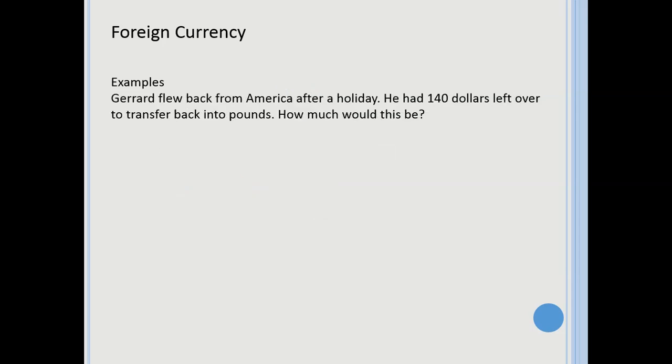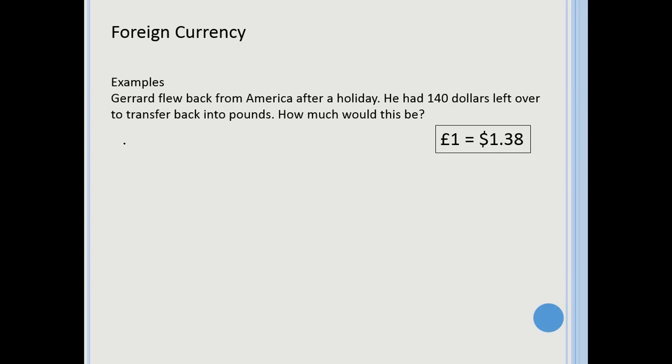Okay, let's look at one where we are converting back into pounds. Gerard flew back from America after a holiday. He had $140 left over to transfer back into pounds. How much would this be? And again, I'm given my exchange rate. So I'm going back the way into pounds, so I'm going to divide.